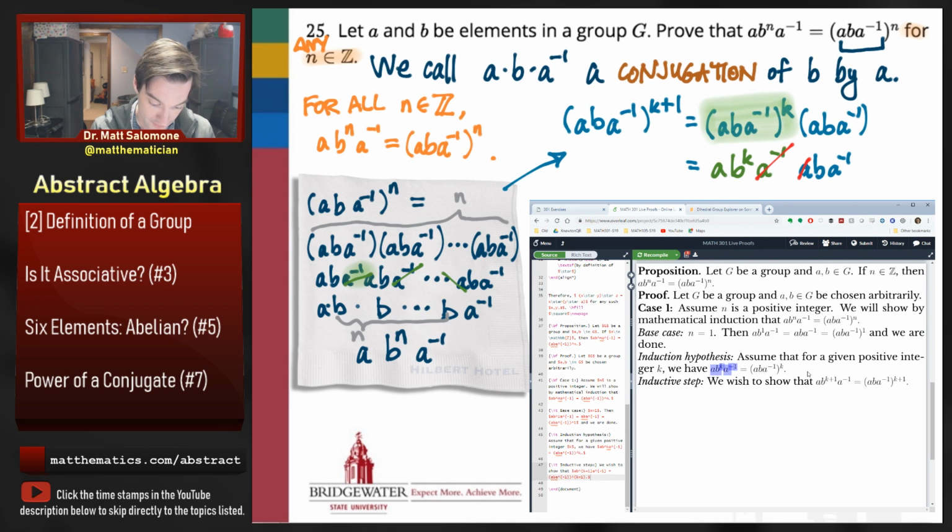And from there, now we can see what's happened. The only thing left is A times B to the k times B times A inverse. So I have an A at the beginning, I have an A inverse at the end, and then I have B to the k times B, in other words, B to the k+1 on the inside. And that's exactly what I was trying to get in my new burden of proof.